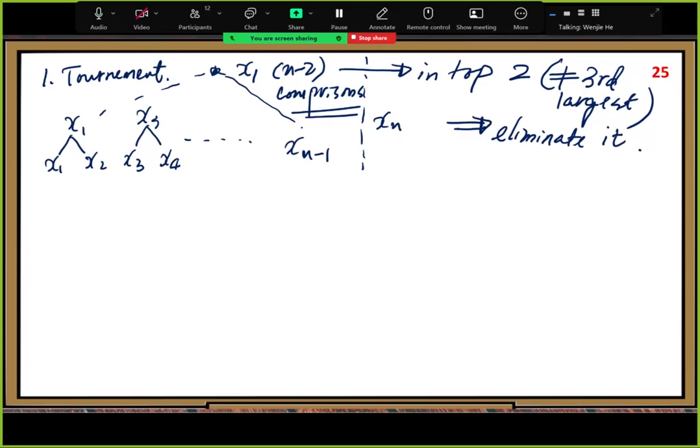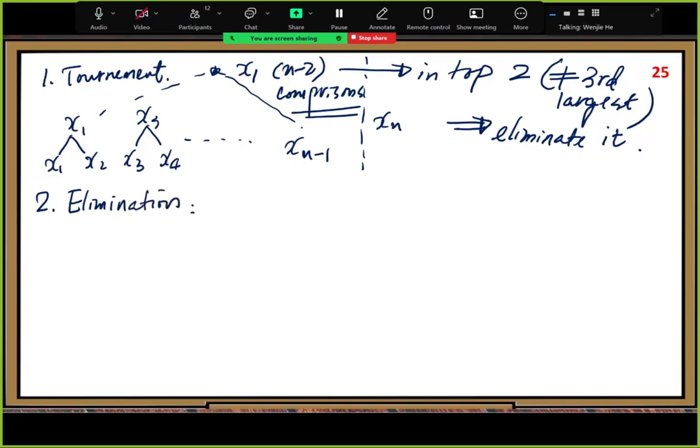After elimination, let's do some cleanup work. Step two, elimination.